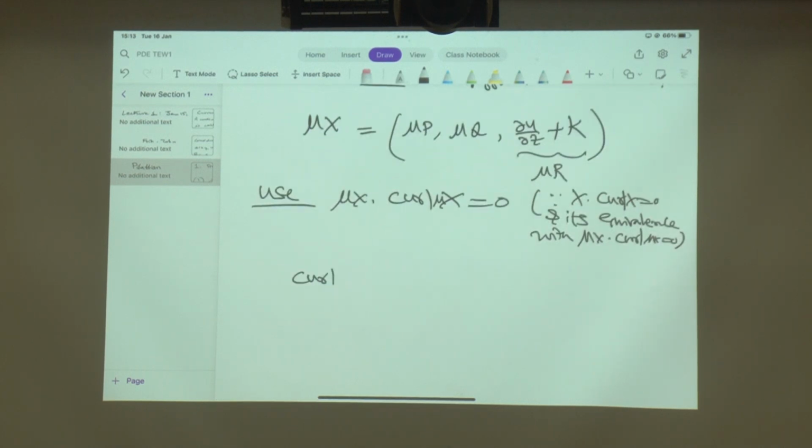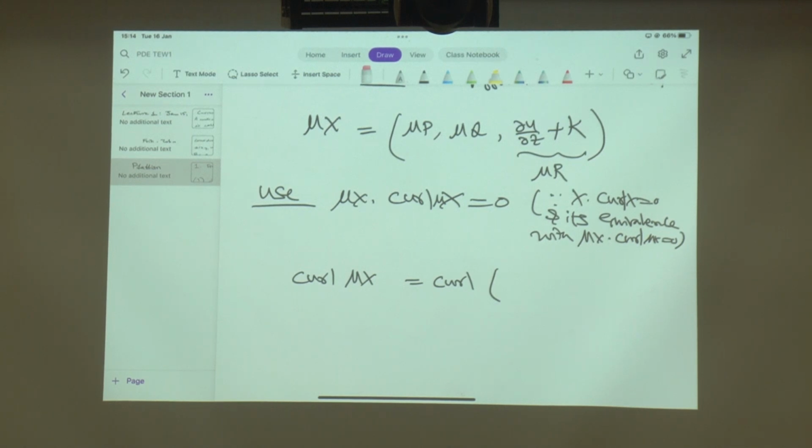So what is curl mu x? What is mu x? I should have started with mu x.